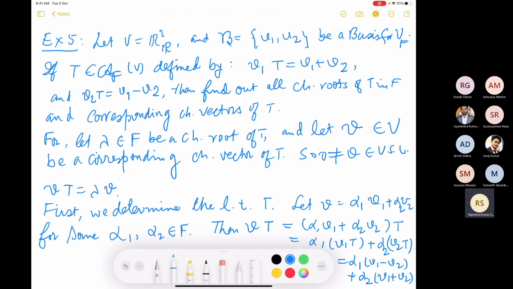So you can write this as a linear combination of v1 and v2: alpha 1 v1 plus alpha 2 v1, that is alpha 1 plus alpha 2 times v1, and for v2 it is alpha 2 minus alpha 1.